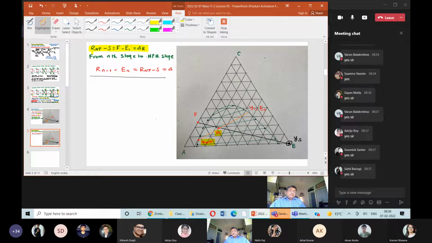Now, if you see this difference equation, it talks about RNP, S, E1, and F, right? So can you look at these points over here?